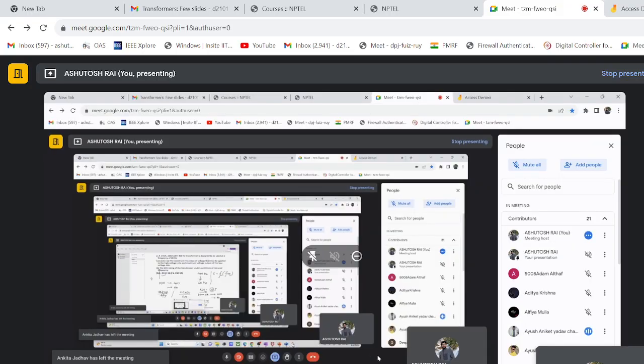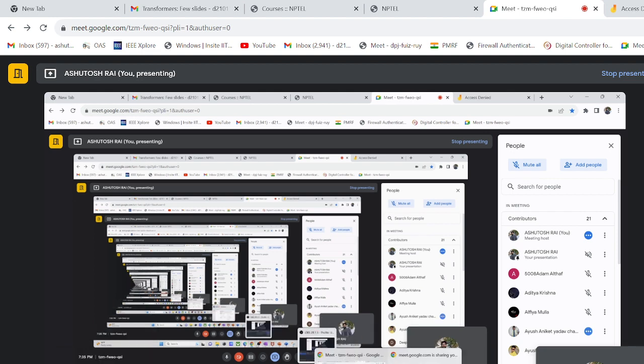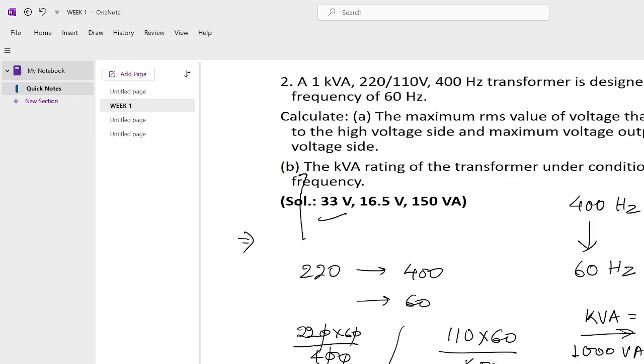Sir, for the calculation of KVA rating, please repeat it. I said that KVA is apparent power S. Apparent power S is V into I conjugate.